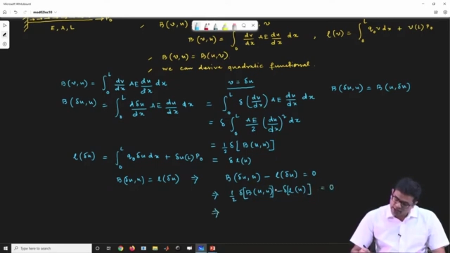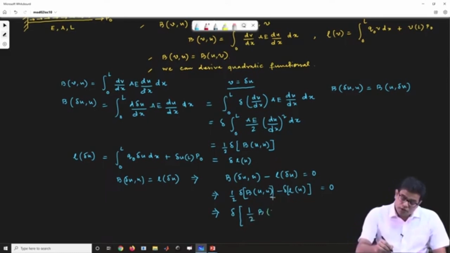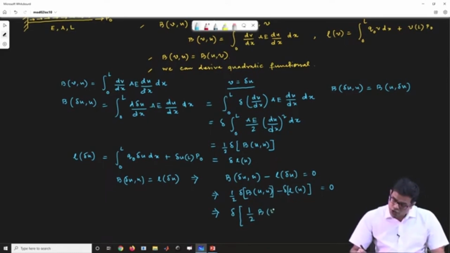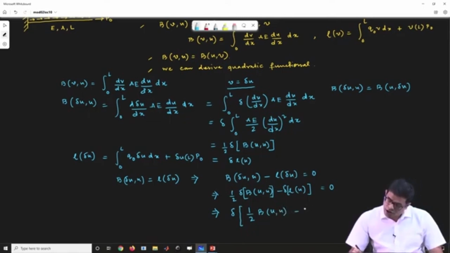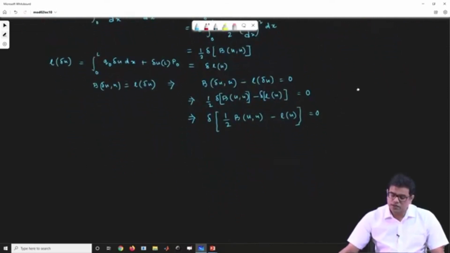Now I can take the delta operator out, and I can write this as half of b of u comma u minus L of u. If you look carefully, this is nothing but the potential energy of the system.